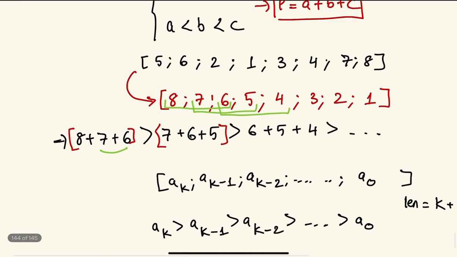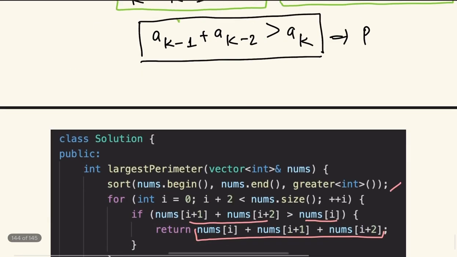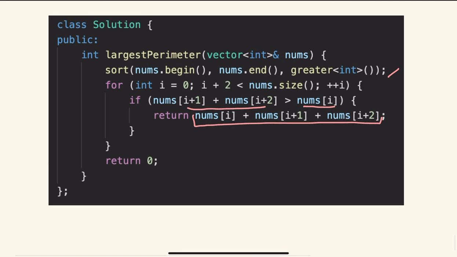We start from left to right, which ensures that this window is bigger than the next window and the next window to the left of it. So whenever we meet a valid perimeter, we also know that it is the largest perimeter that we can find in this array.